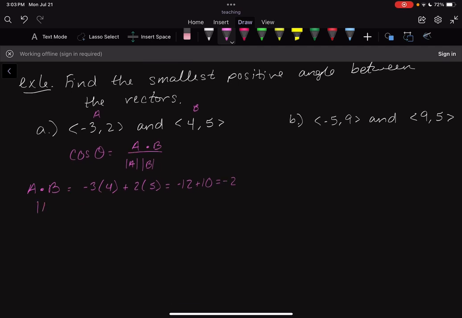Then I'll find the magnitude of A. Now remember, magnitude is when you're finding R, so we're being given our Vx and our Vy, and we're looking for the R. So that's going to be the square root of -3 squared plus 2 squared. So square root of 9 plus 4, so that's square root 13.